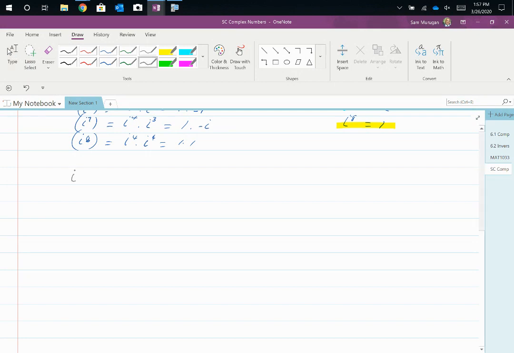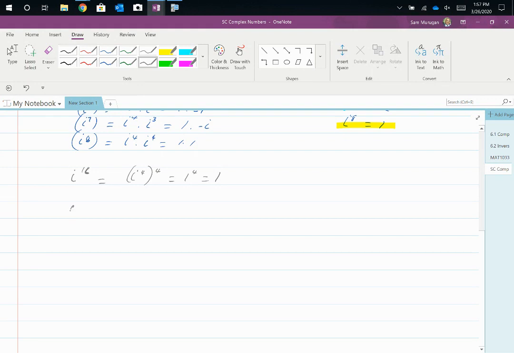For example, if I have i to the 16th power, using the rules of exponents, this is i to the 4th power to the 4th, which is 1 to the 4th power, which is equal to 1. Any power that's exactly divisible by 4 is equal to 1.